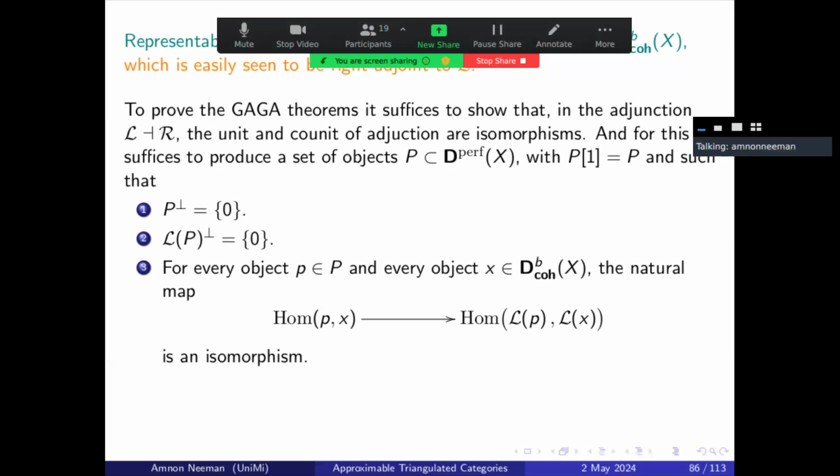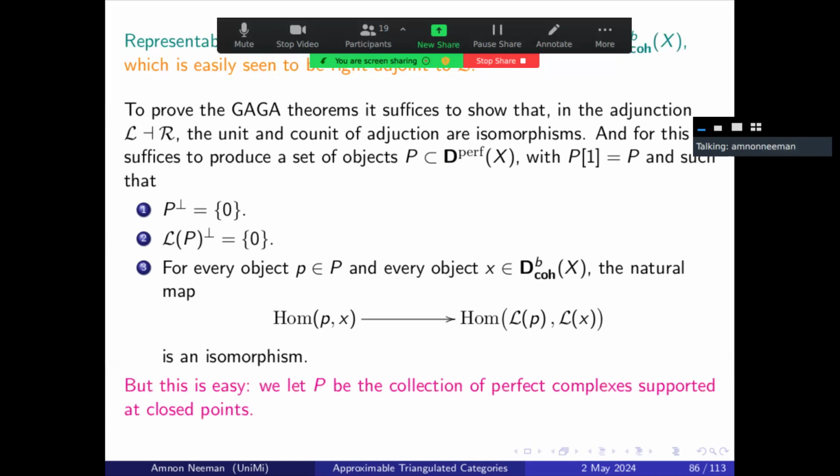Proving that certain morphisms are isomorphisms can be done against test objects. So you need to choose a collection of objects which is well suited for this particular check. And it turns out that the perfect complexes supported at closed points do the job just beautifully. And in fact, the rest of the proof is very easy.